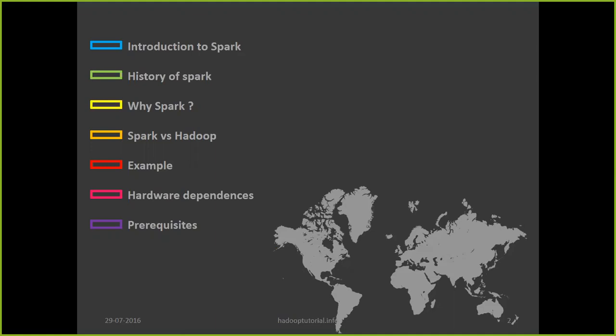Because most of the time, I can say at least 60 to 70% of the scenarios, Scala is used along with Spark instead of either Java or Python. I don't say Python or Java is nowhere used. Yes, it's being used, but the most popular combination is Scala for Spark.